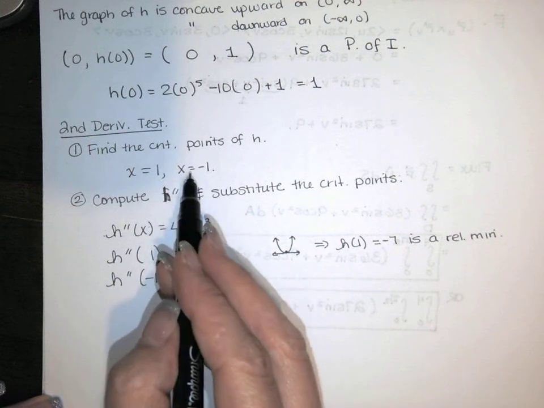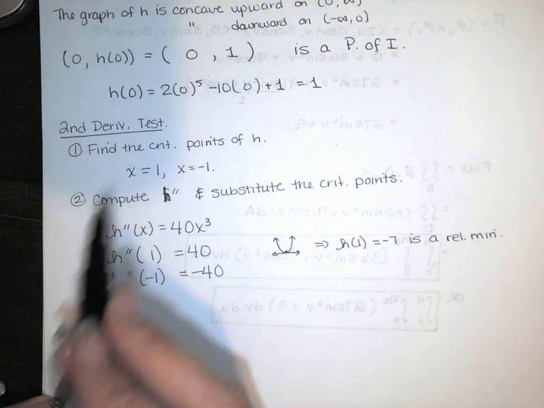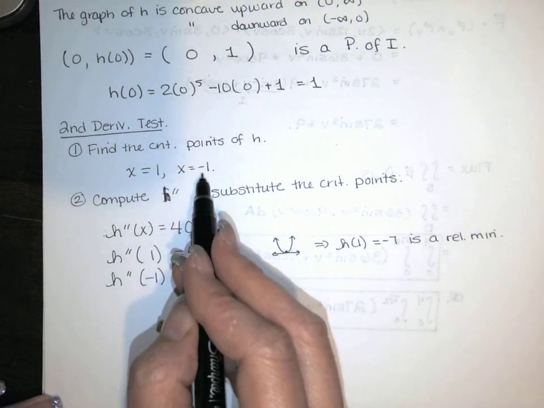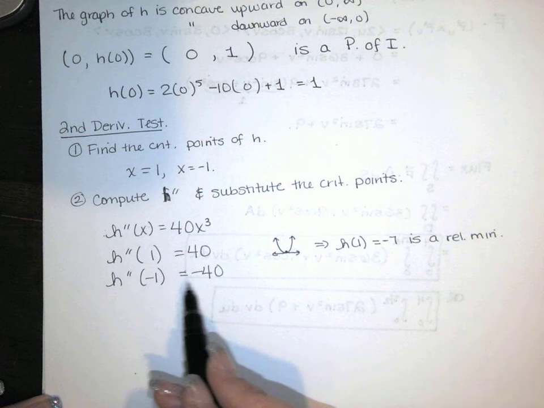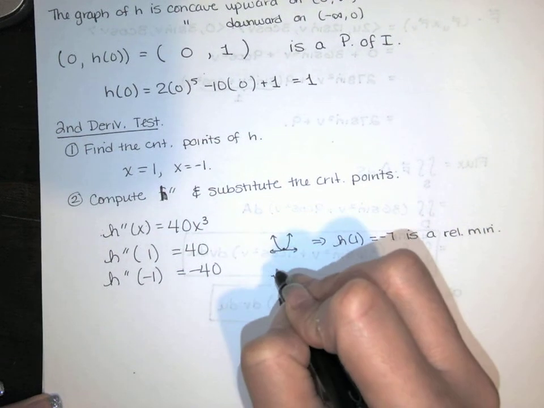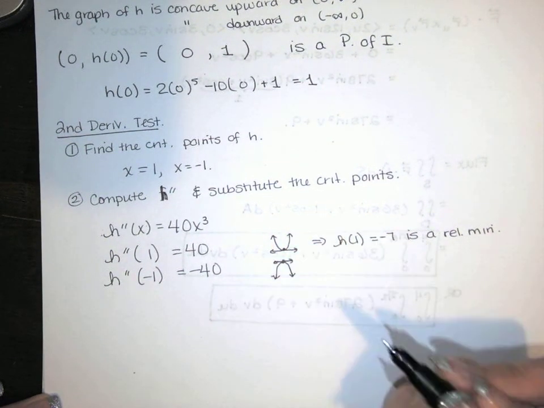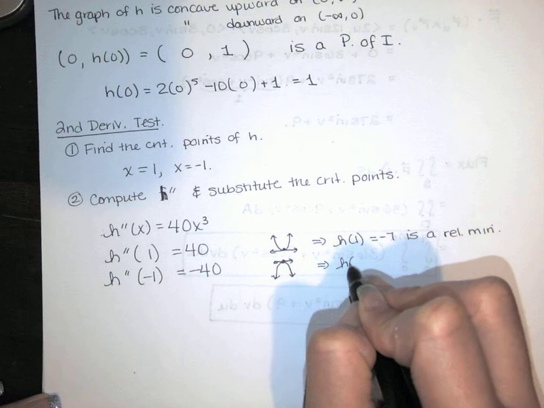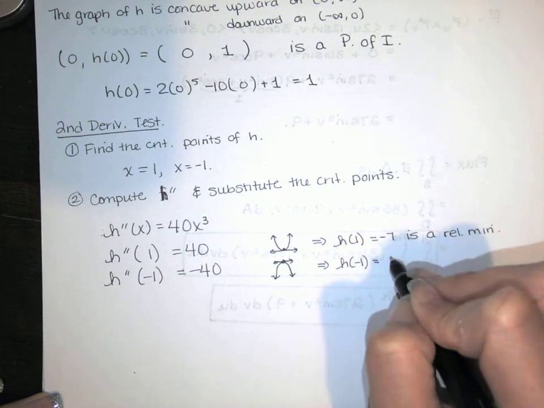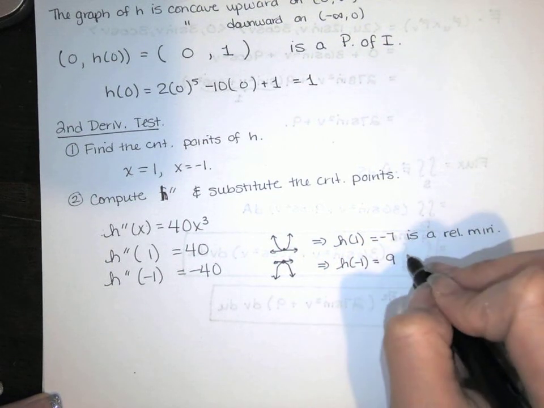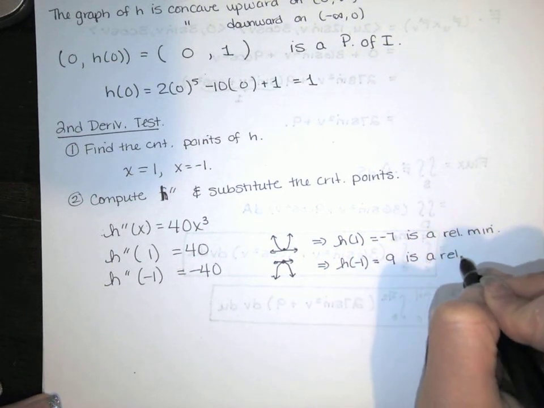Now, at x equals -1, the slope is 0. If the slope is 0 and the second derivative is negative, the graph is concave down and the slope is 0, so we're at the top. So that means that h of -1, which we calculated earlier, it happens to be 9, is a relative max.